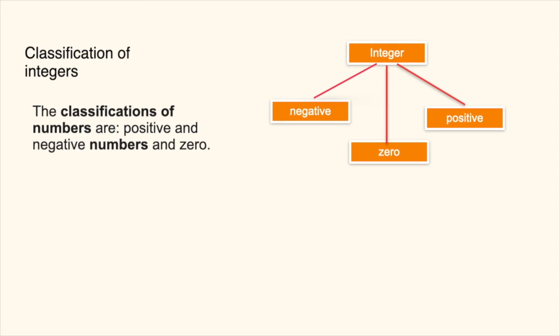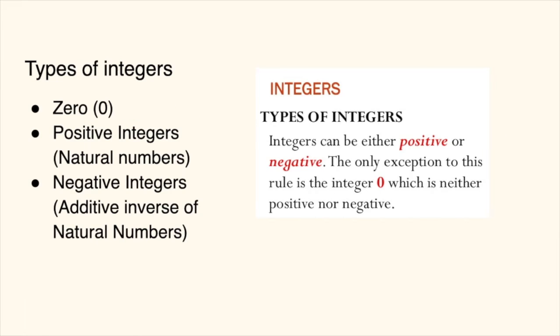Now let's learn types of integers. Now we are going to learn some main stuff in integers, something like types of integers. Let's begin with 0, positive numbers or natural numbers. As you can see, there are some brackets which show natural numbers. Then negative numbers, the additive inverse of natural numbers.